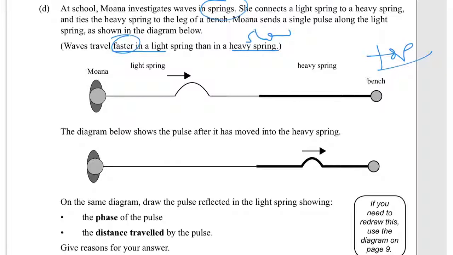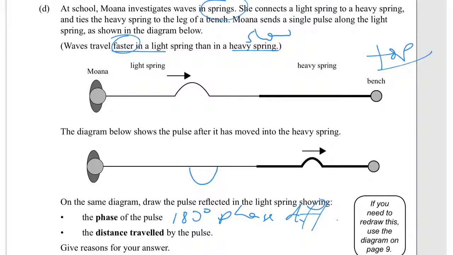The diagram below shows the pulse after it's moved into the heavy spring. On the same diagram, draw the pulse reflected in the light spring, showing the phase of the pulse. Okay, the phase is going to be underneath, so it's going to be a 180 degree phase difference.